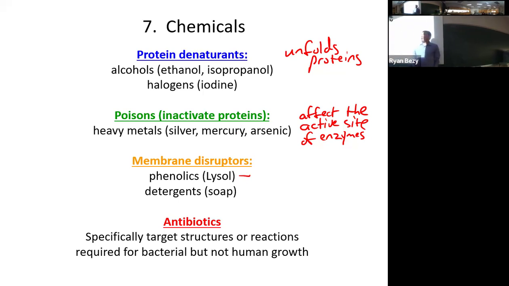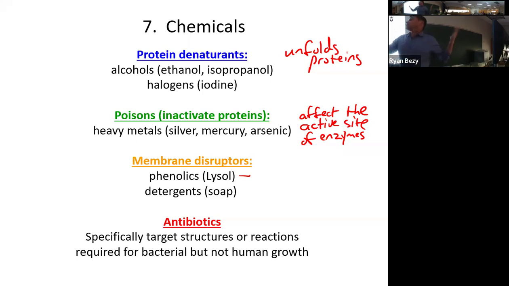Soaps and detergents are amphipathic molecules with a charged side and an uncharged side, and they like to insert into the phospholipid bilayer. But if enough of them insert into the phospholipid bilayer, it disrupts the bilayer and can put holes in it, and then the cell lyses open. That's how something like Lysol as a disinfectant works. We talked about other types of chemicals that I don't have up here, like bleach or hydrogen peroxide.